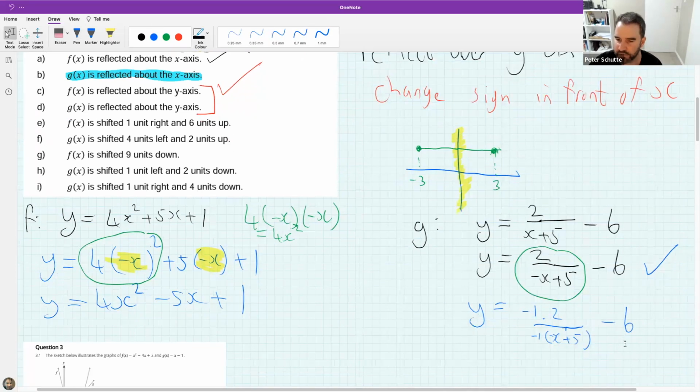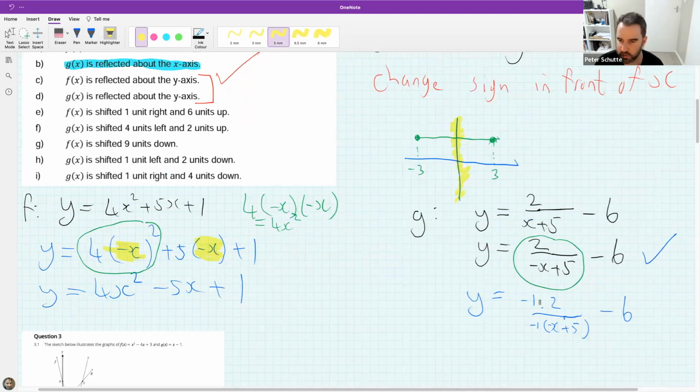So all I've done is I've multiplied the top and bottom by -1. And what happens if you do that is -1 times 2 is -2, and -1 times -x is x, and -1 times +5 is -5.